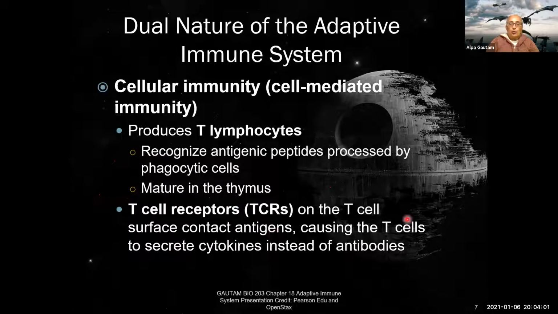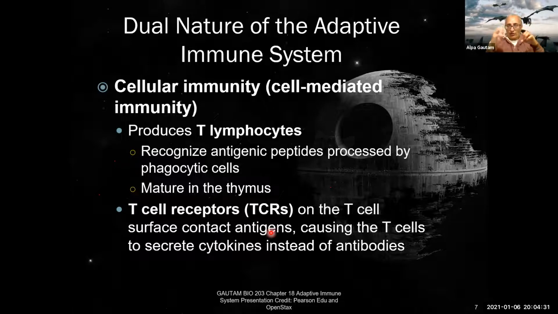So the T cell receptors that are on the surface of the T cells will come in contact with their specific antigens. Now remember, this is the antigen that's been processed by another cell. And so you have an immune system cell that is showing this piece of antigen, and now you have a T cell that comes along and binds to it.